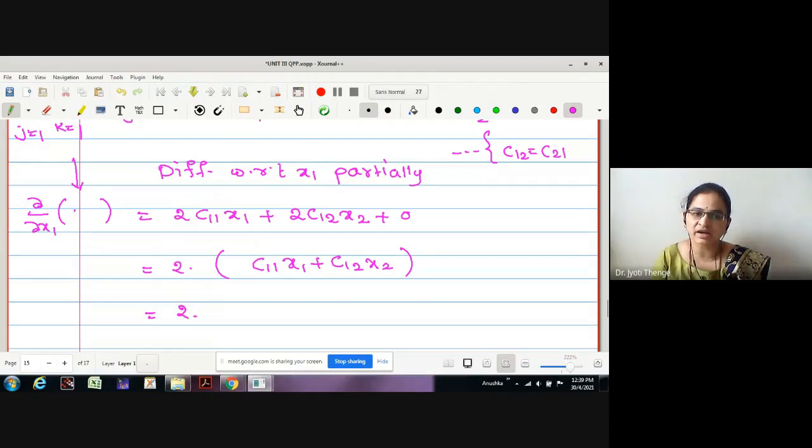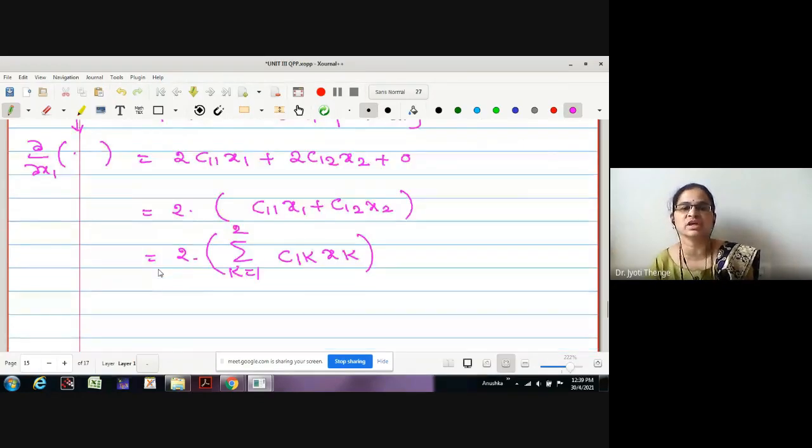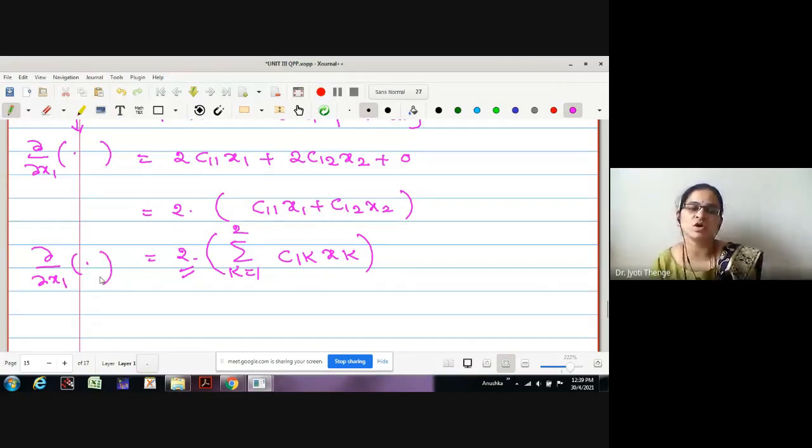Now, can I write this as summation k equals 1 to 2 c1k xk? Why am I not writing in terms of j? Because I have taken the partial derivative with respect to j, so let me write it in terms of k. If I differentiate with respect to x1, this gives us 2 times summation over k 1 to 2 c1k xk. See, here the 2 is occurring. I just want to make sure you see how this 2 is occurring.